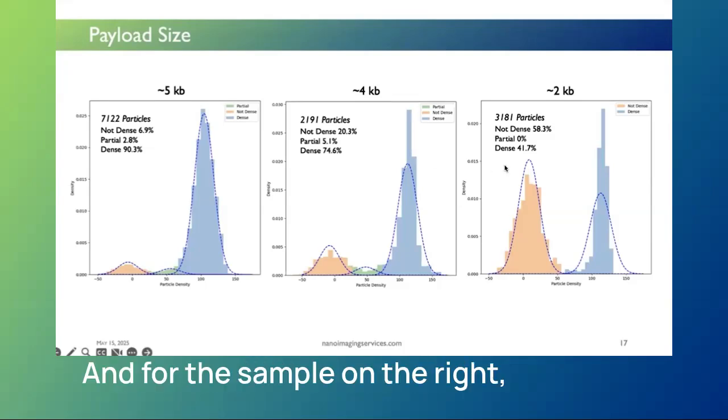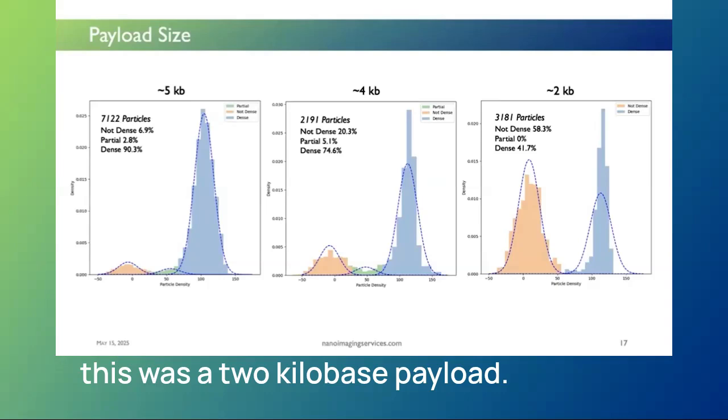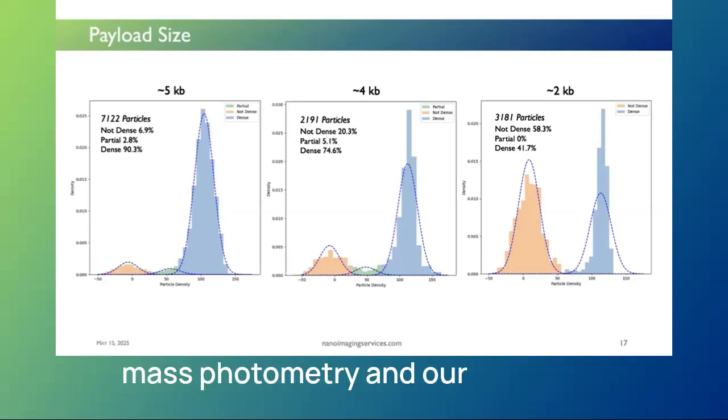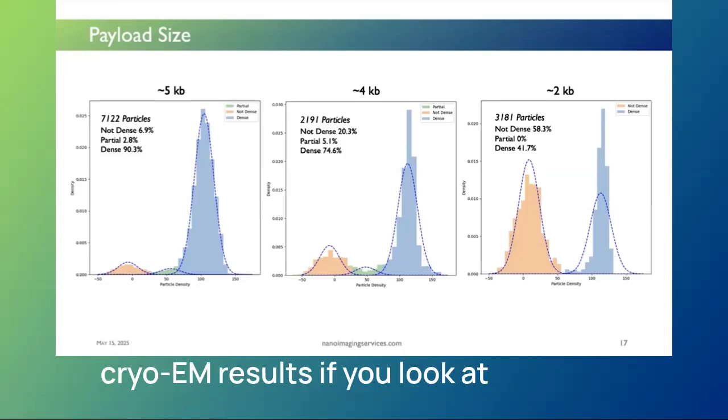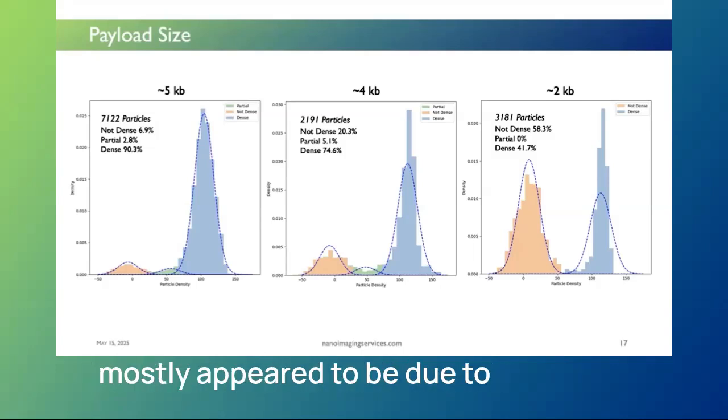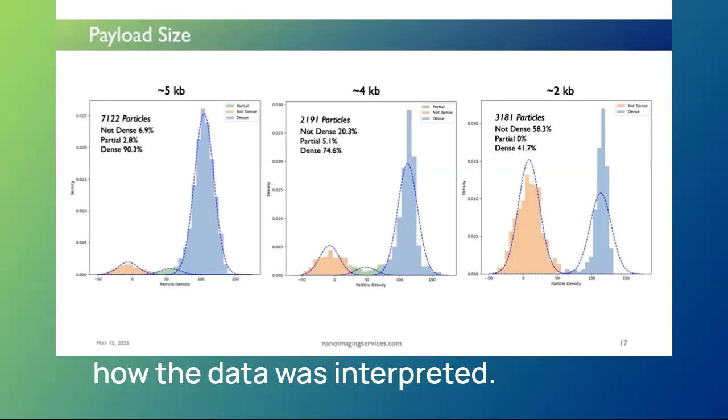And for the sample on the right, this was a 2 kilobase payload, and the orthogonal data that was provided by the group that provided the sample was mass spectrometry. And our results were very similar to the mass spectrometry results. Mass spectrometry found approximately 65% dense, 30% empty, and about 5% partials in between. The mass spectrometry and the Cryo-TEM results, if you look at the plots, they actually look very similar to each other, and the difference in the final results mostly appeared to be due to how the data was interpreted.